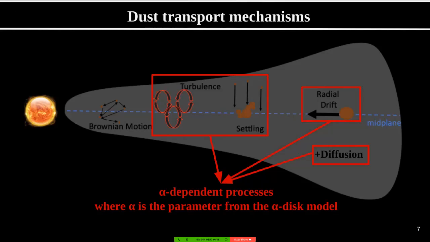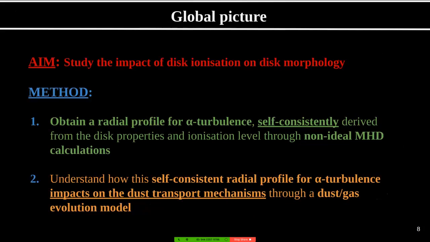So now, if you want to understand how the dust is distributed across your disk, you need to understand first how the disk ionization impacts the alpha parameter, and then how this alpha parameter will change the dust distribution across the disk. And this is exactly what we want to do in this project: study the impact of disk ionization on disk morphology.